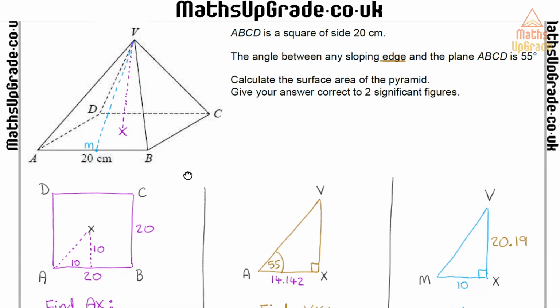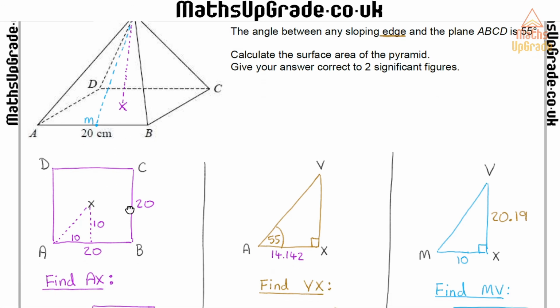So let's follow that through now. Imagine this is the base of that pyramid. I've got the vertices A, B, C, D here, and in the middle I've got X as I've labelled it here. So to find the length AX, I know that this is essentially a square of side 20.